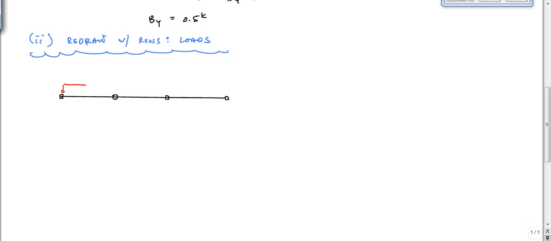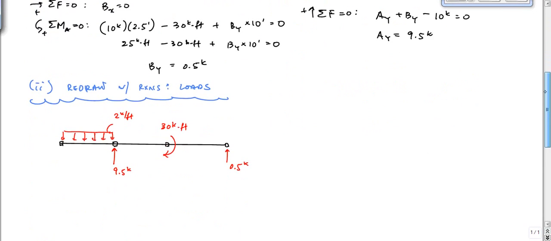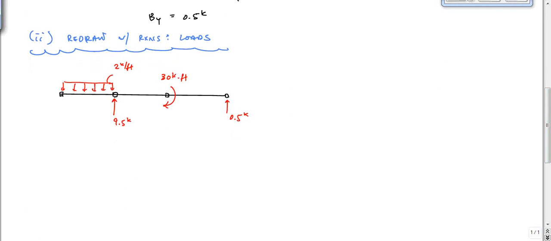I have a distributed load of 2 kip per foot, a reaction of 9.5 kips here, a reaction of 0.5 kips here, and a concentrated moment of 30 kip-feet. Let's make sure I did that correctly. Yes, I did.